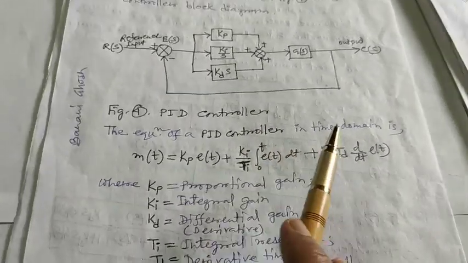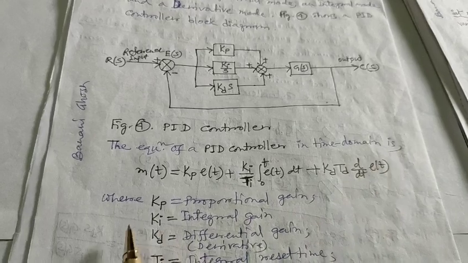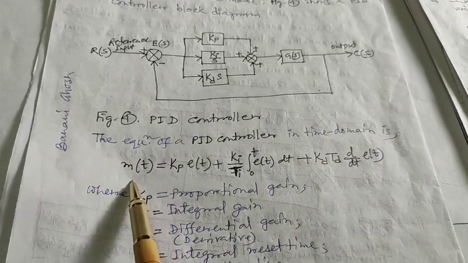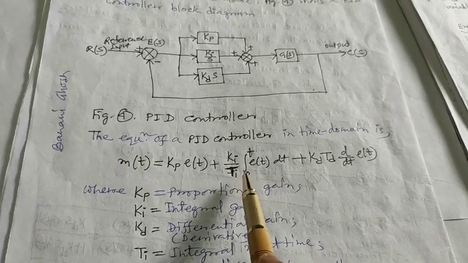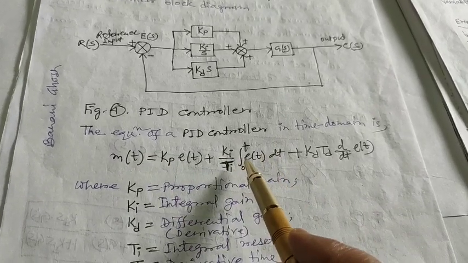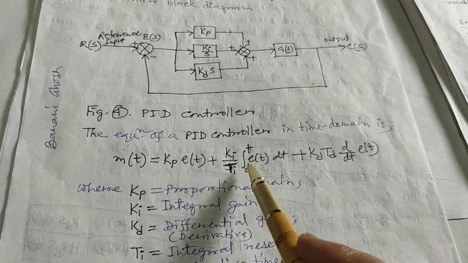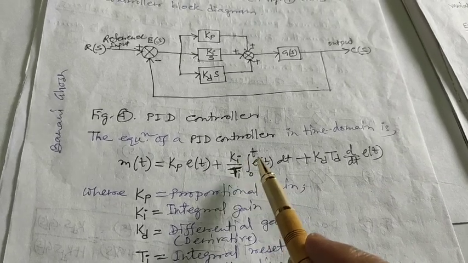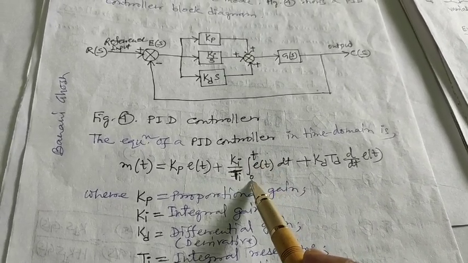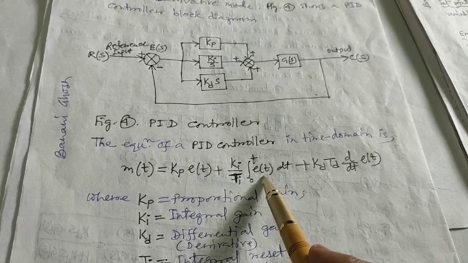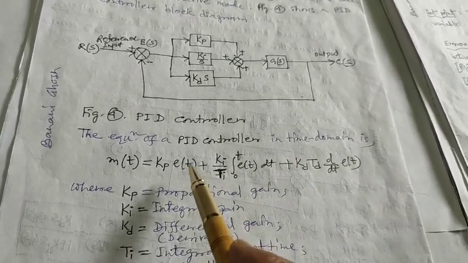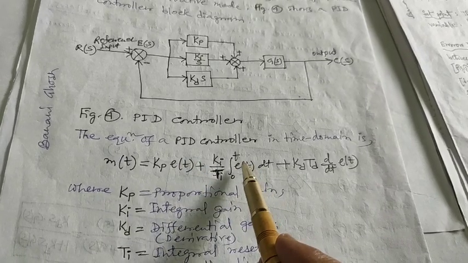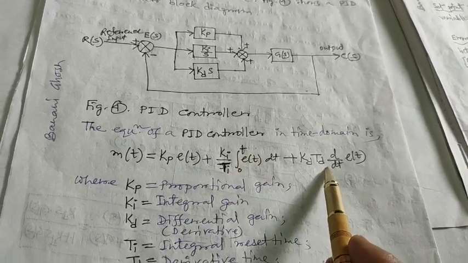The equation of the PID controller in time domain, we get m(t) equal to Kp of e(t) plus Kp by Ti, as in the previous controllers PI and PD, integral from 0 to t of e(t) dt plus Kp Td d/dt e(t). This is proportional control, this is integral control, and this is derivative control.